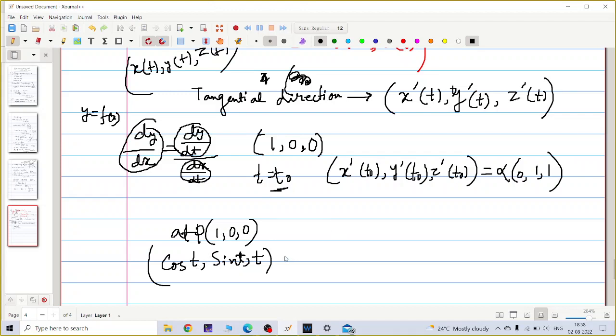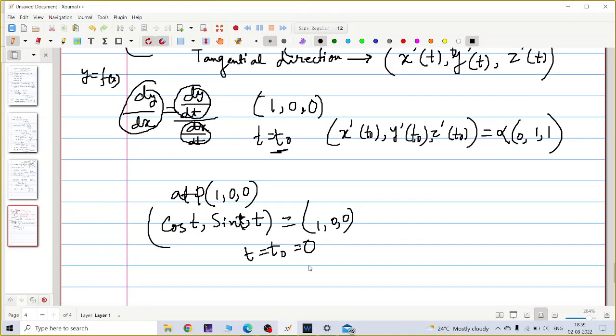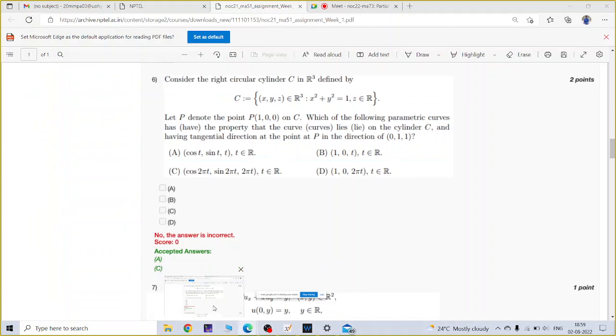Tell me, Viplav. t0 is what? t equal to t0 equal to 0, no? For t equal to 0, what is this? 1, 0, 0, right? Understand? Yes, sir.